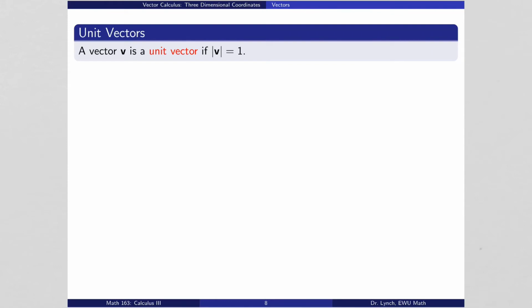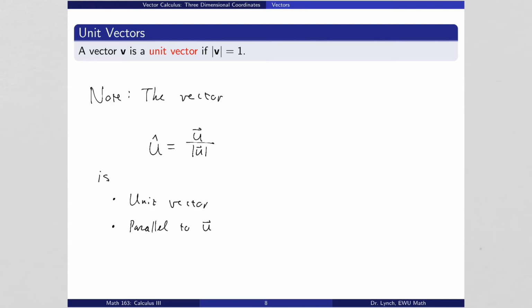Okay, let's talk a little about unit vectors. We call a vector v a unit vector if its magnitude is equal to 1. Now, the vector u hat, that is u divided by its magnitude, is always a unit vector, and it's always parallel to u.